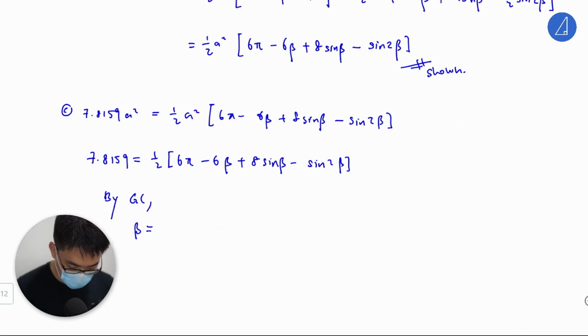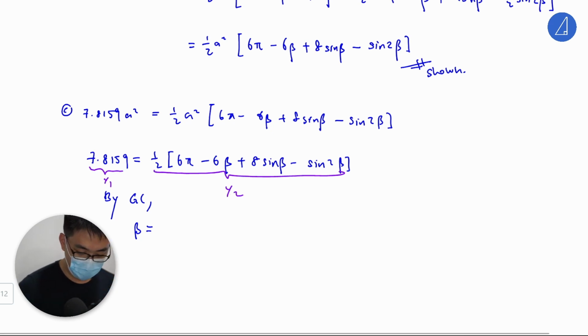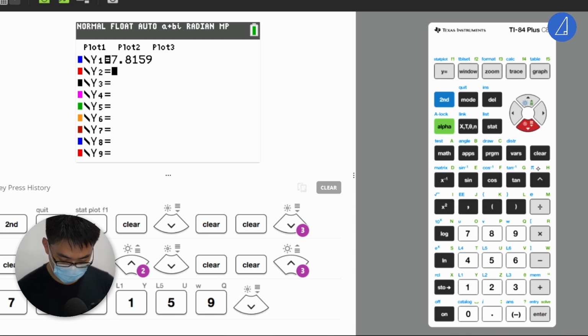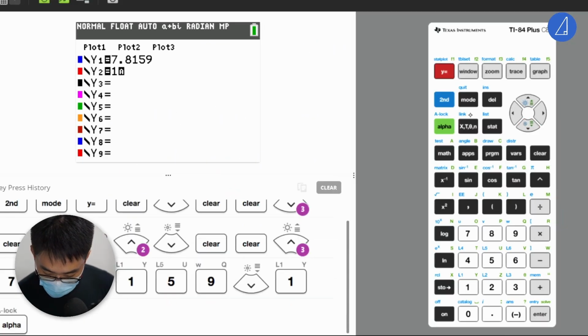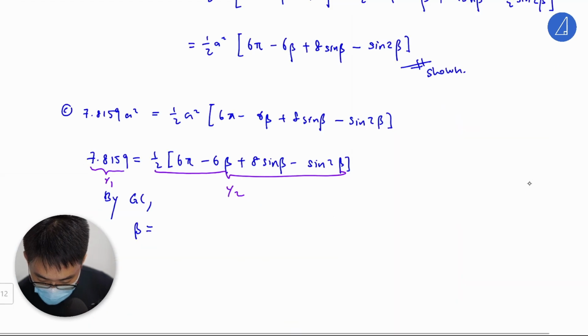So we just key in. This is y1 and y2. 7.8159. Then this will be half 2 pi. 6 pi.